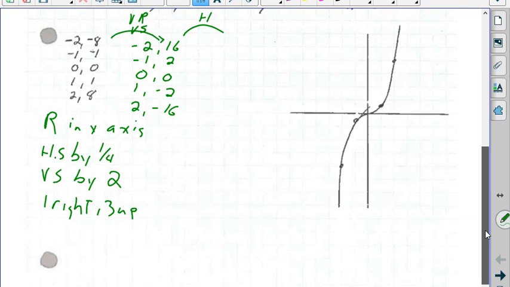My horizontal stretch is the next one that I'm going to do. Lovely. Negative 0.5. Negative 0.25. 0, 0.